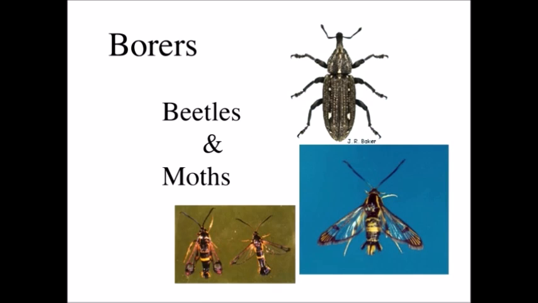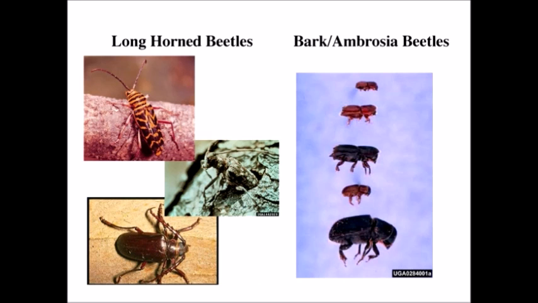Now, we also have borers, and I kind of clump these things together as beetles and moths, or maybe I should say I separated them as beetles and moths. Most of the borers, not all of them, but most of the borers fall into these two orders. Amongst this, we have 3 areas.